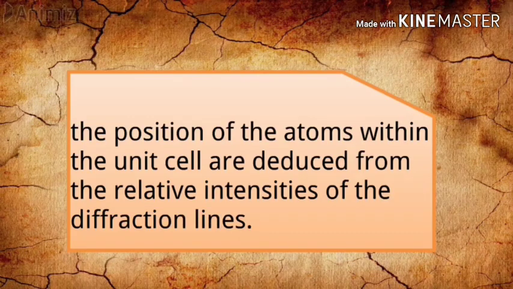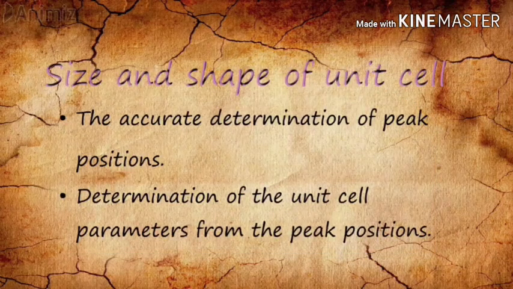Third step is the positions of the atoms within the unit cell are deduced from the relative intensities of the diffraction lines. Size and shape of unit cell determination involves the accurate determination of peak position and determination of the unit cell parameter from the peak positions, which consists of Bragg's law, interplanar spacing, and systematic absence.